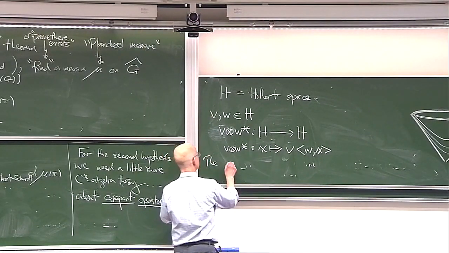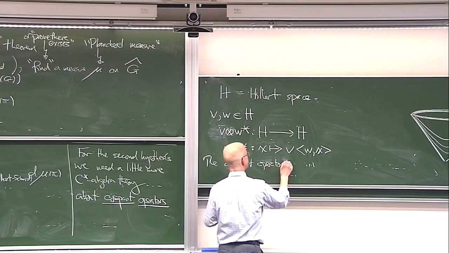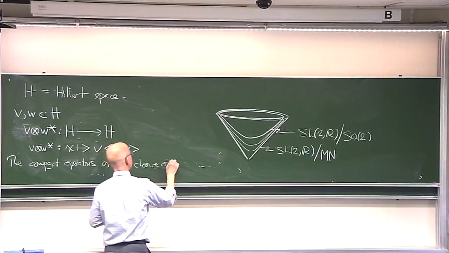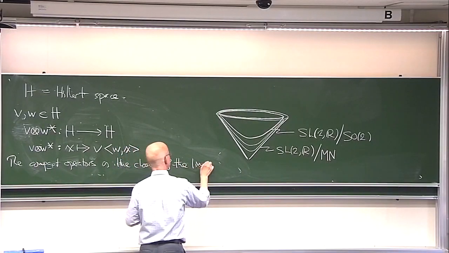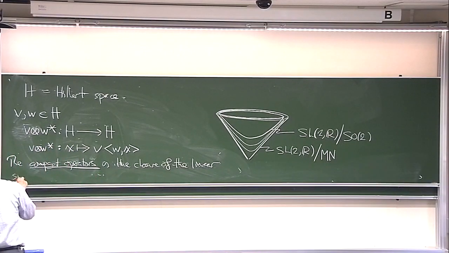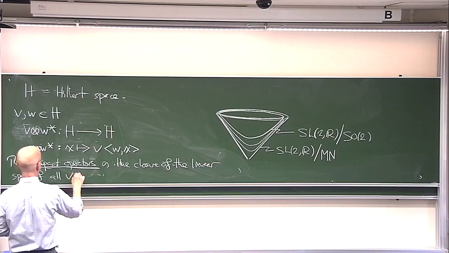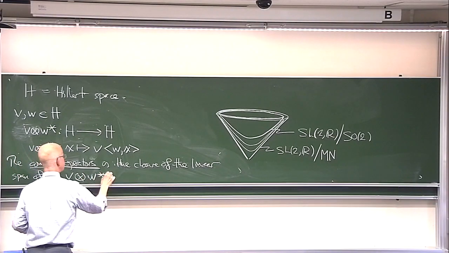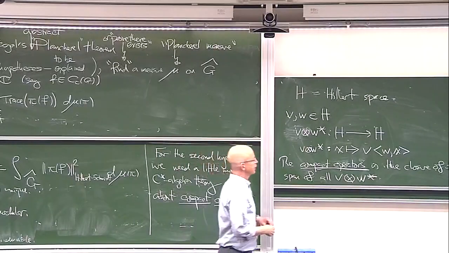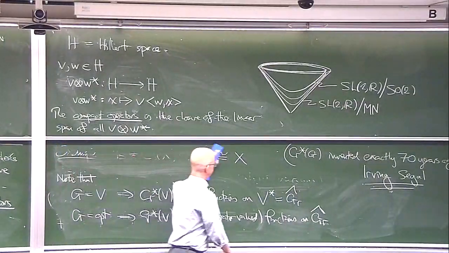So the C-star algebra of all compact operators is the closure in the norm topology of the linear span of all of these stars. These guys form a simple algebra. I'm telling you these things because we'll generalize this in a little while.